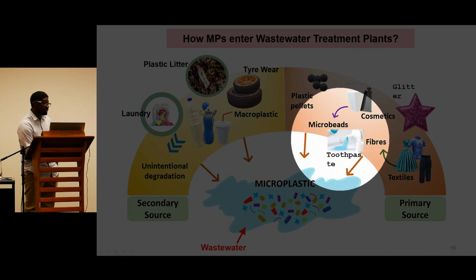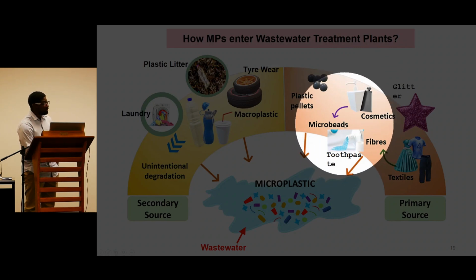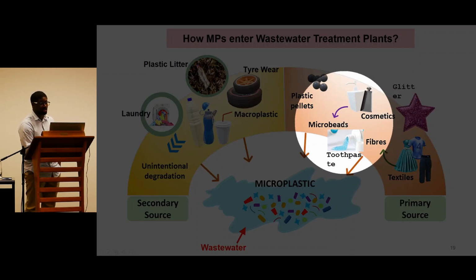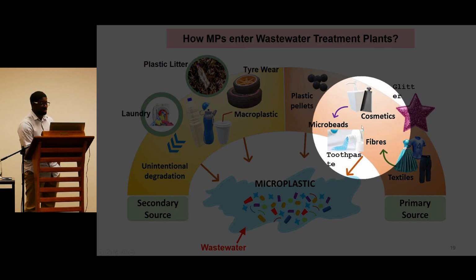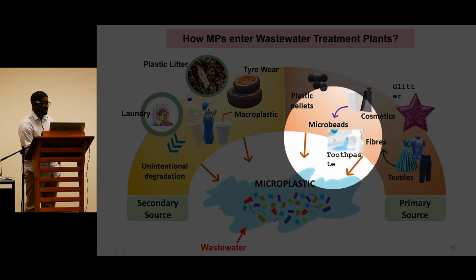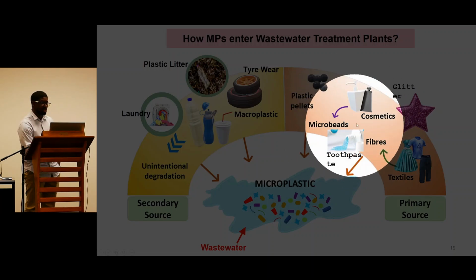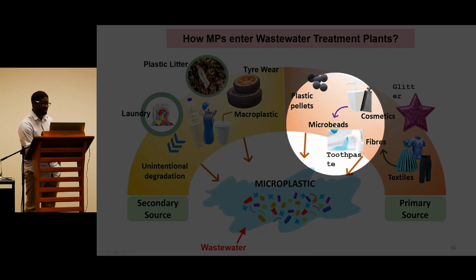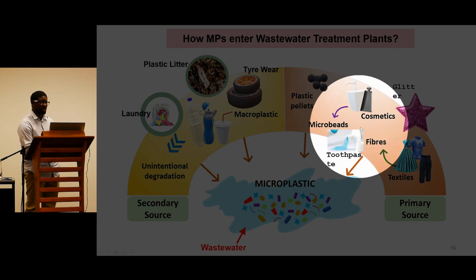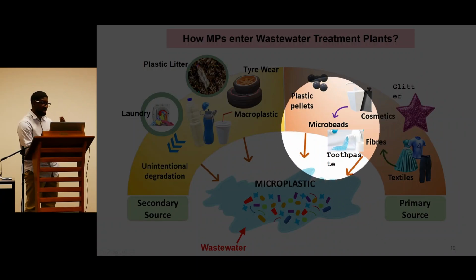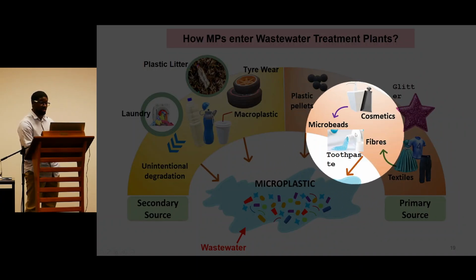Carmel mentioned in the first slide that these plastics are intentionally manufactured to be micro-sized. The purpose is to add them to these products so that they can enhance the functionality of these products. For example, they act like exfoliants. What this means is that they cause friction when you use them on your face, on your body, and they help remove dead skin.